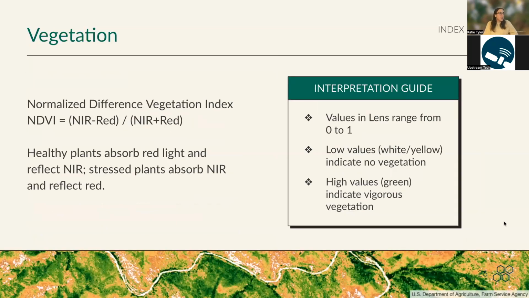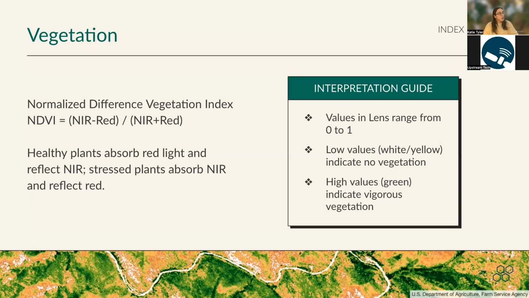So vegetation is based off of the normalized difference vegetation index, often abbreviated to NDVI. This is calculated using the near infrared band and the red band. The reason this equation is the way it is is that healthy plants absorb red light and they reflect near infrared. And stressed plants will absorb near infrared and reflect more red light, which is why stressed plants will often appear more brown or red to us.